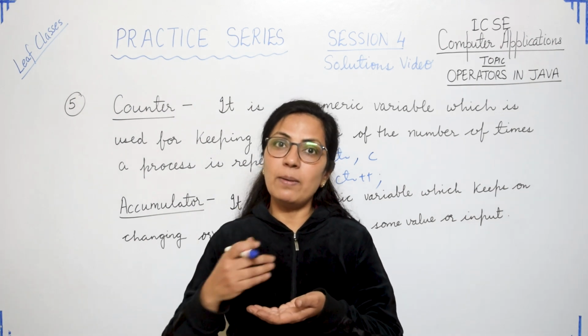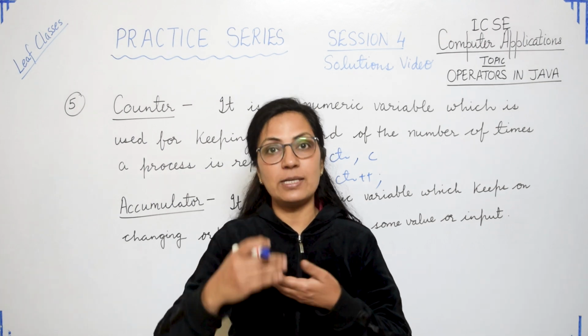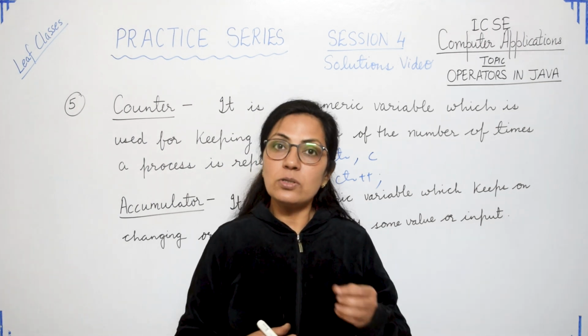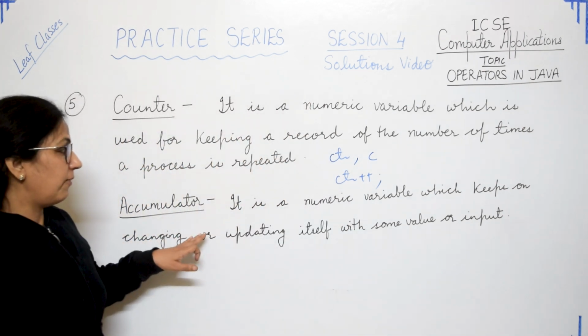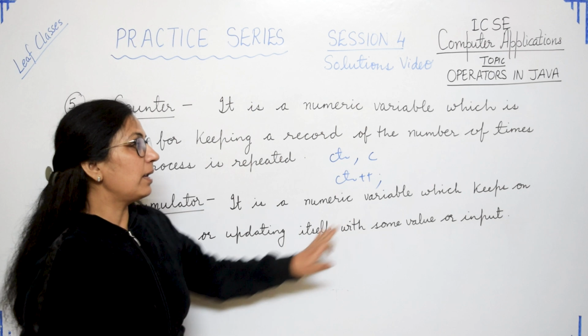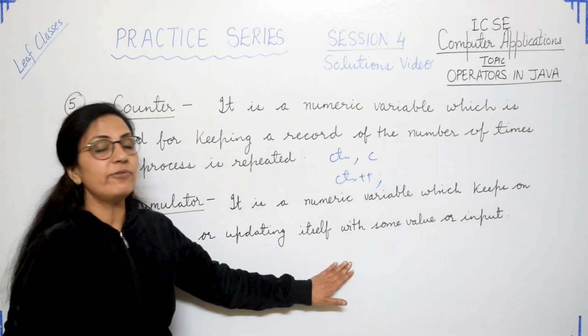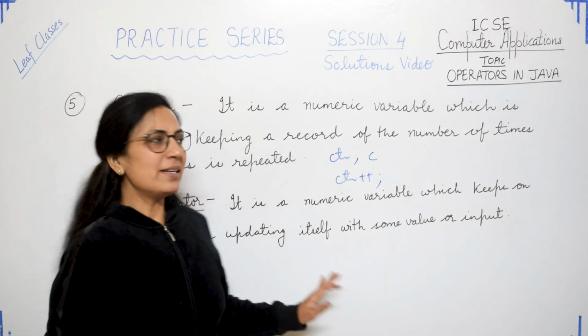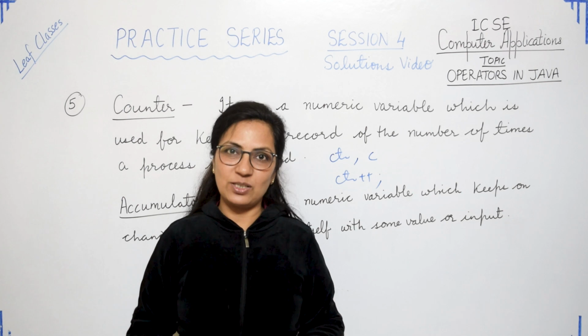This process will also be repeated 20 times, and every time the value of S is updated. Those variables are known as accumulators, and here I have written the definition. It is a numeric variable which keeps on changing or updating itself with some value or input. So children, just prepare the definition, and write only what is asked.